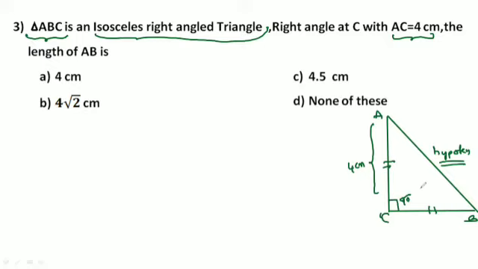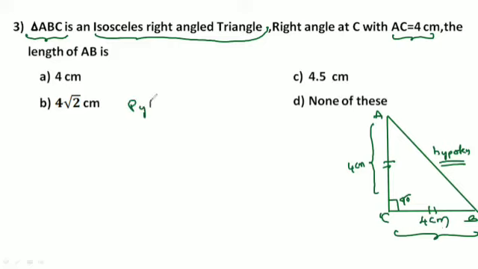Wonderful, Pythagoras theorem. But to use the Pythagoras theorem, children, we must know the other two sides, base and height. But then how do you find the base? Sir, in an isosceles triangle, two sides are equal. Wonderful. So in an isosceles triangle, two sides are equal. So these two sides are equal. That means BC would be 4 centimeters. Got it? Yes, sir. That's it, children.